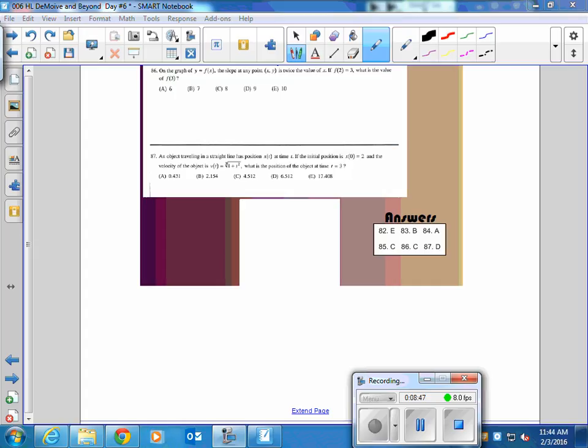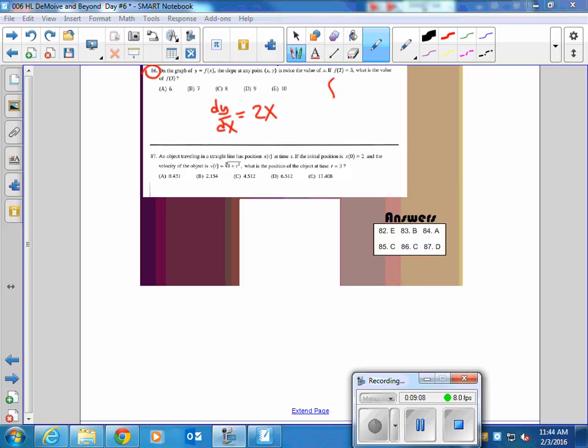A question arose about one of the multiple choice problems, number 86. It says that the slope dy/dx is twice x. If f of 2 equals 3, what's the value of f of 3?